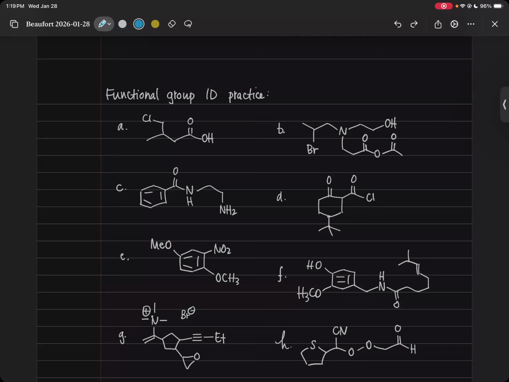Yep, alkenes. These aren't really alkenes. They're sort of a special case because these are aromatic.